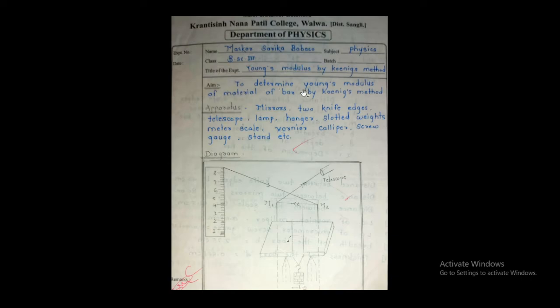Aim: to determine Young's modulus of the material of a bar by Koenig's method.